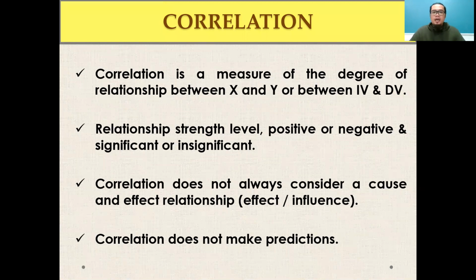Sometimes we use IV for X and DV for Y, and we show the relationship between one variable and another. Commonly we apply it to independent and dependent variables. Mostly the dependent variable represents the problem of the research, while the independent variable represents the solution to solve that problem.